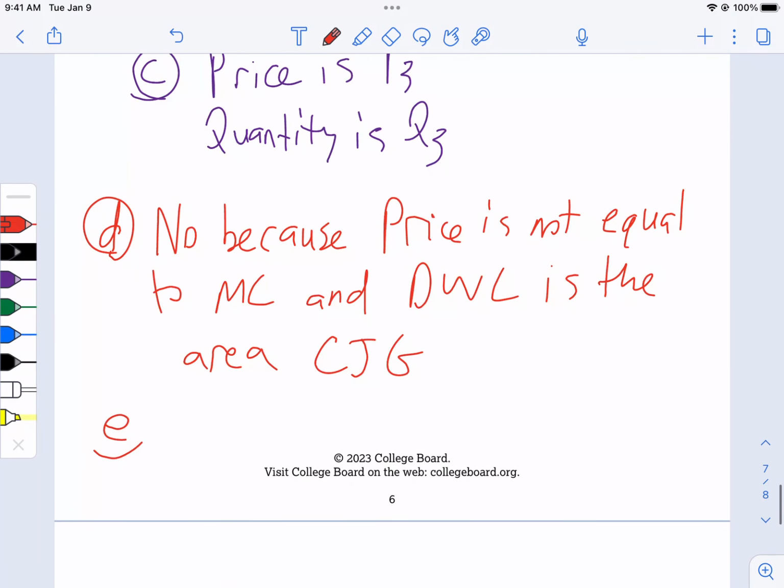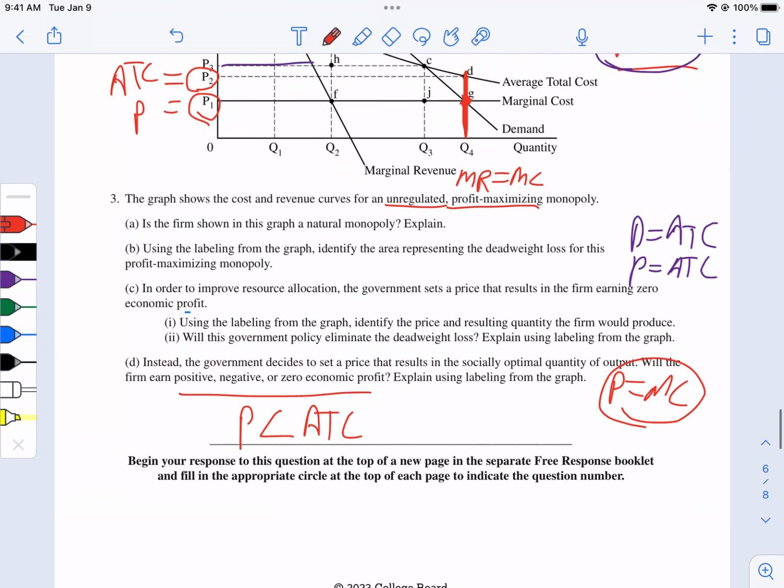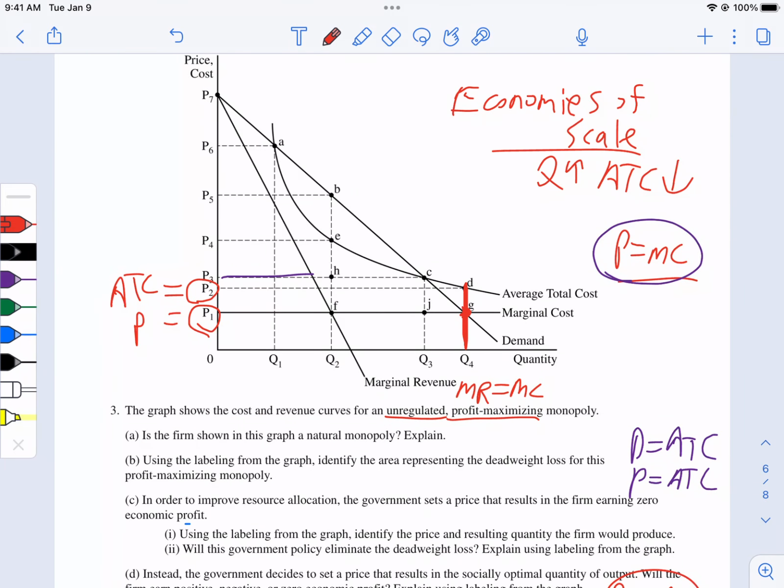So you'd say negative economic profits because at price equals MC, the quantity is Q4, right?